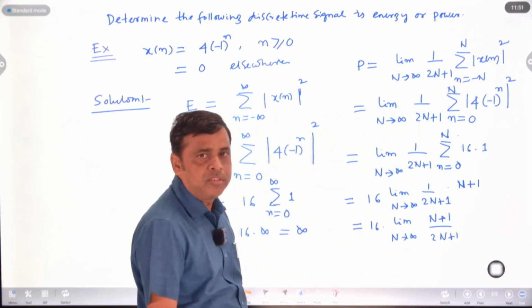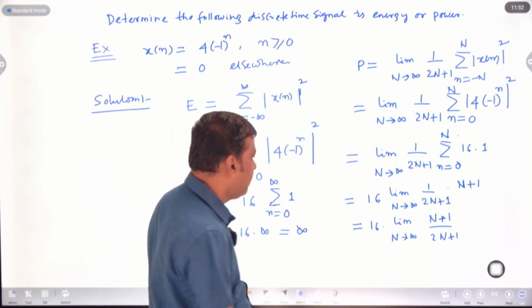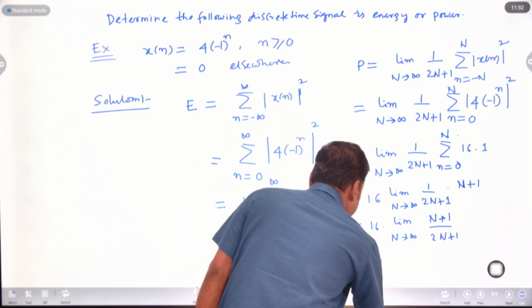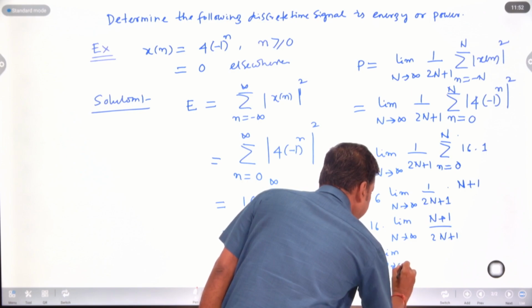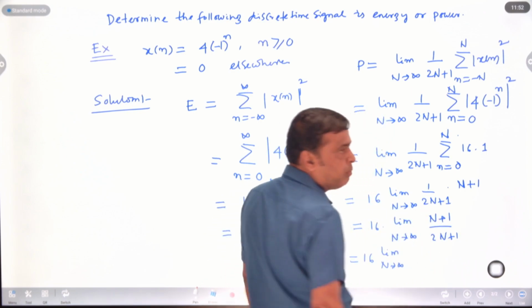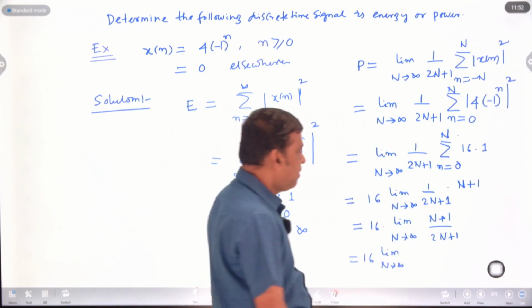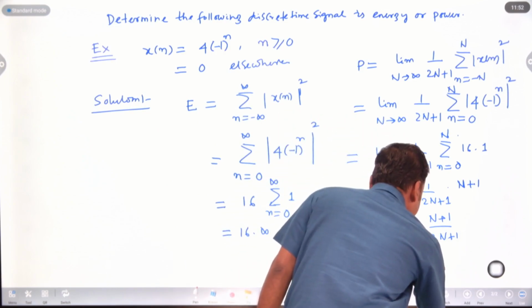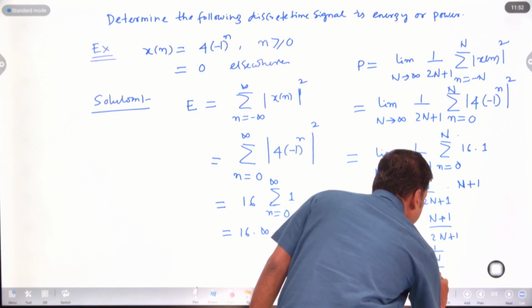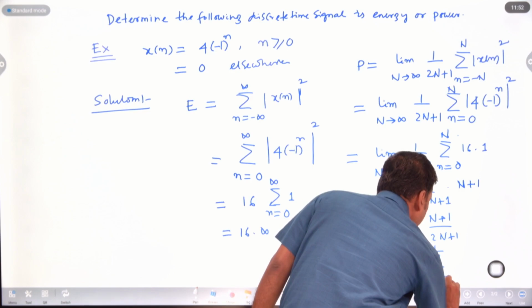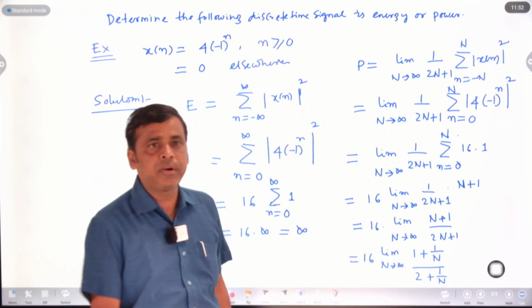So how to evaluate the value of this limit? That is 16 into limit N tends to infinity. You divide both numerator and denominator by N, so 1 plus 1 by N in the numerator and 2 plus 1 by N in the denominator. Why am I dividing both numerator and denominator?